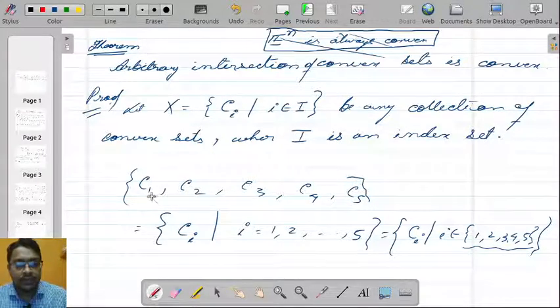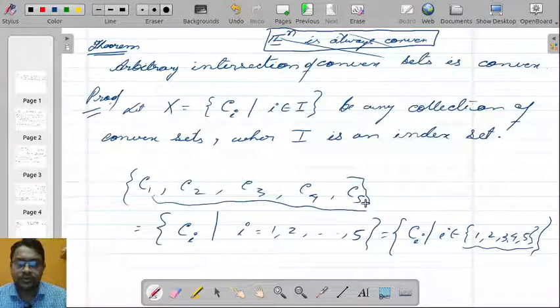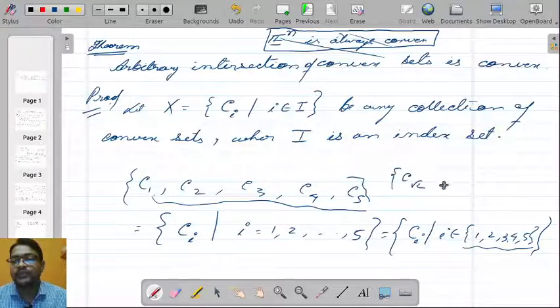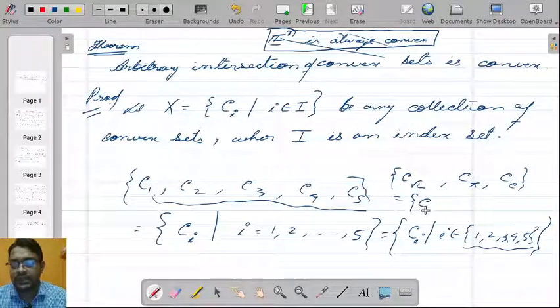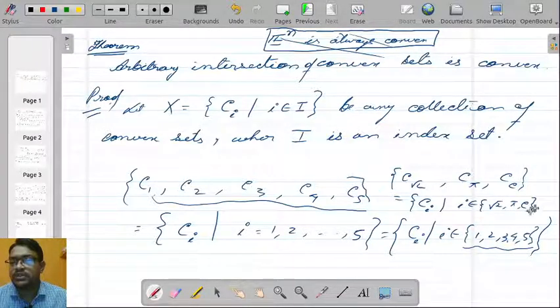So in particular, if the set is finite, then we use the labels 1, 2 up to 5. But it's not necessary. You could have labeled it something like C root 2, C pi, C e. In that case the collection will be Ci such that i belongs to {root 2, pi, e}. So this is the index set.